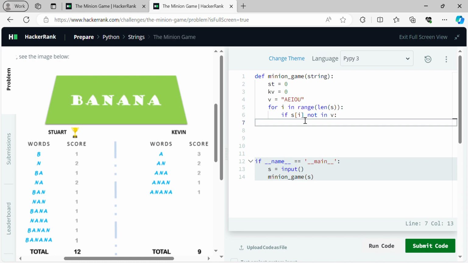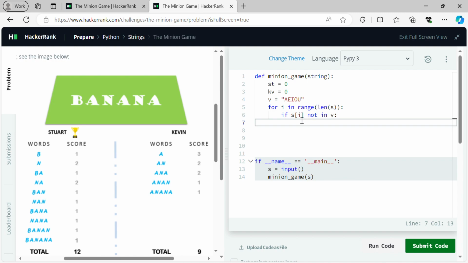s[0] not in v. s[0] means the first character in the string, not in v. V means vowels, right? Here I provided all vowels in the v variable.